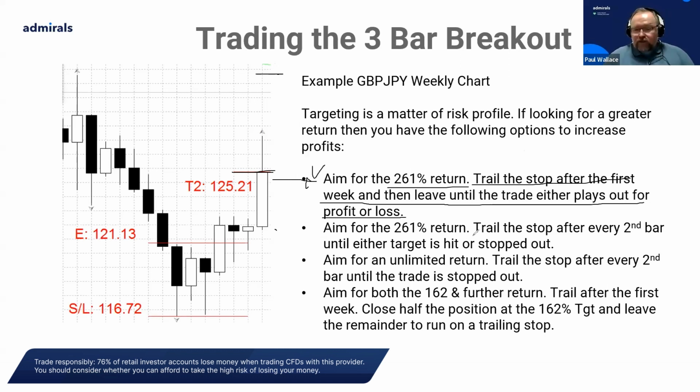One other version you could do is still aim for the 261 return, but trail the stop after every second bar, and then basically just trail your stop loss all the way through. That is one of the ways you could do it.